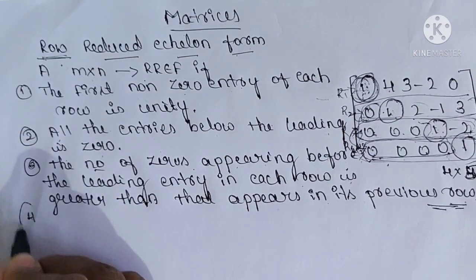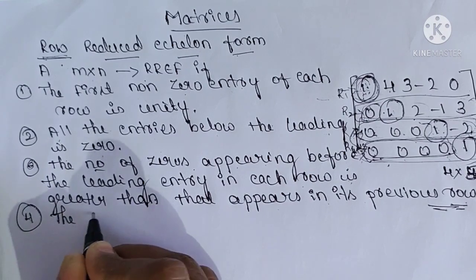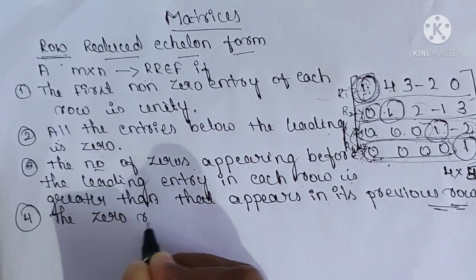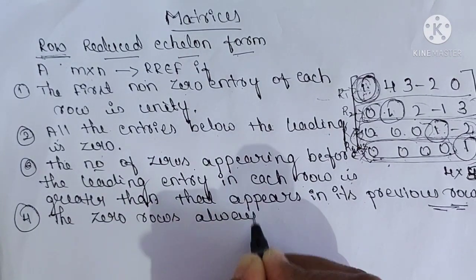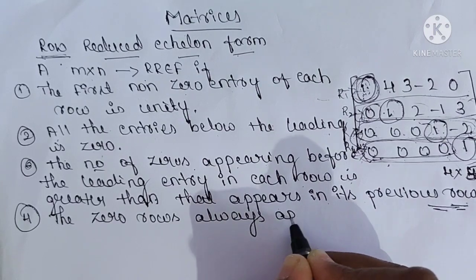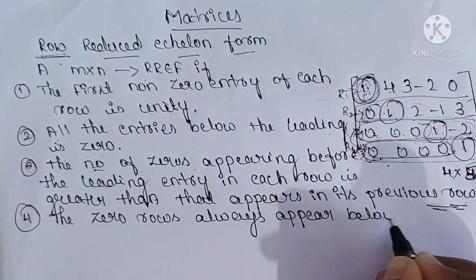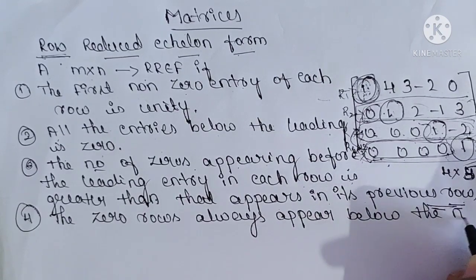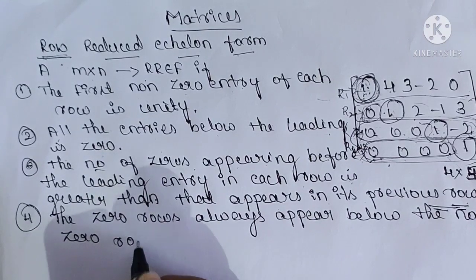Fourth point: the zero rows always appear below the non-zero rows.